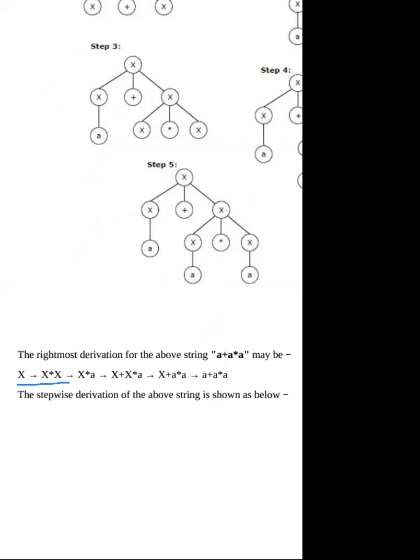Mind it, at each step, replace the rightmost non-terminal on your right hand side. So that means here you replace this X, not the first X. Replace the second X. All of you do it.